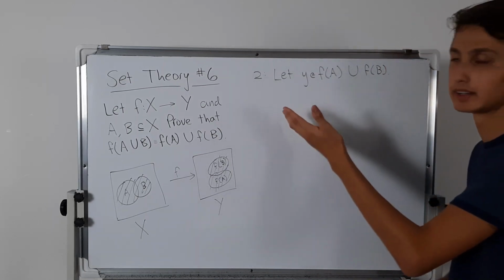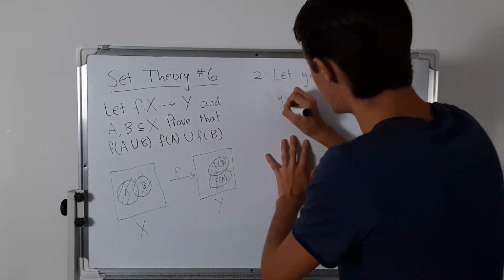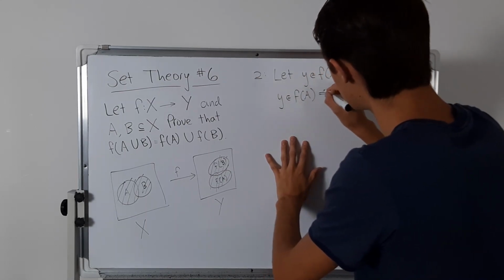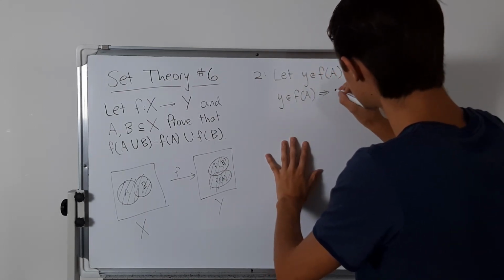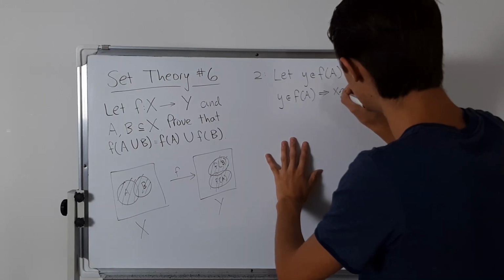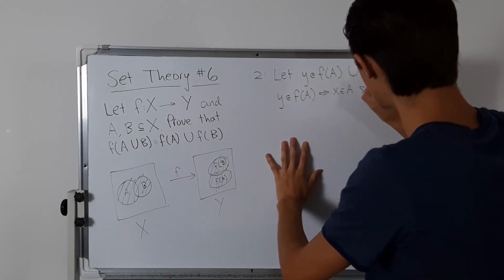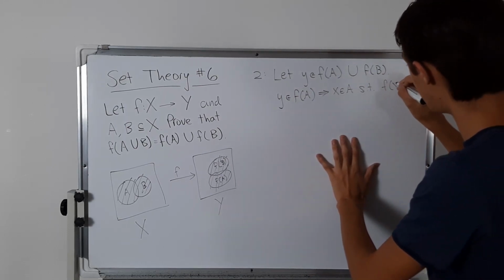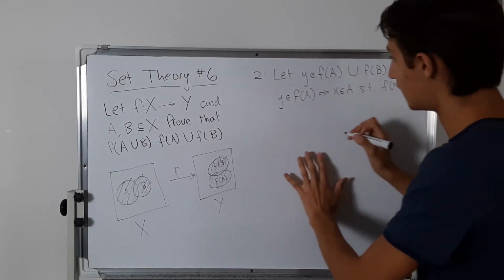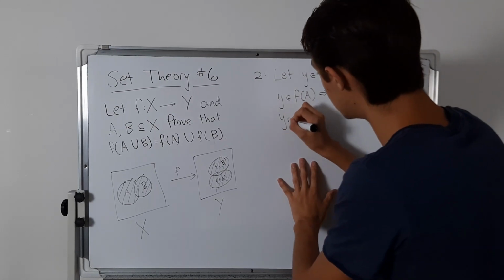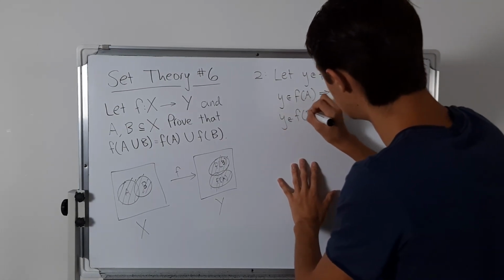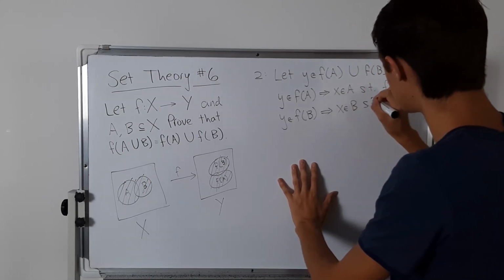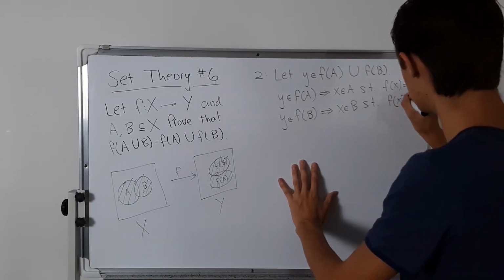So this directly tells us that y is in f of A or f of B. If y is in f of A, then x is in A such that, and I'm going to put st for such that, f of x equals y. Or if y is in f of B, then x is in B such that f of x is equal to y.